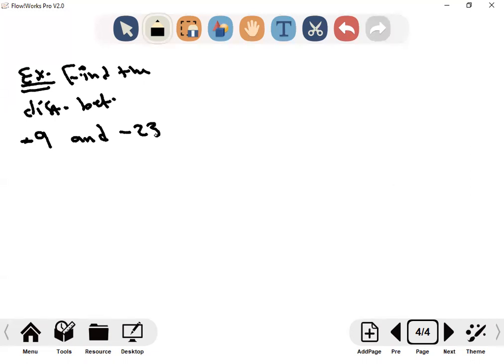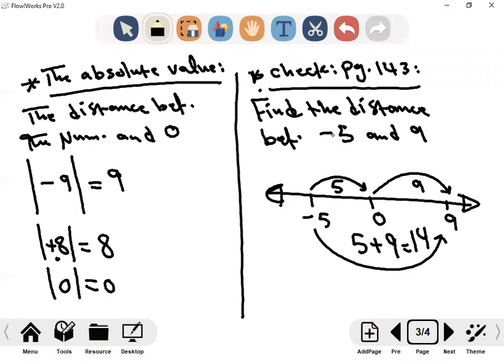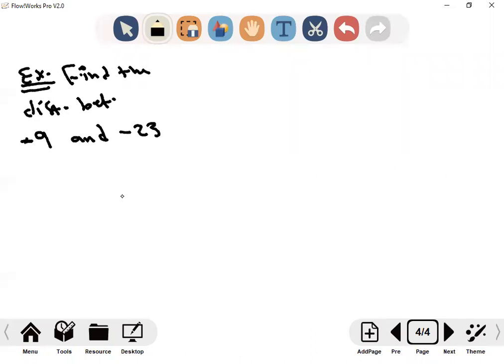But in the previous example, we had a negative and a positive, and the 0 is always between the negative and the positive, right? But in this example, both are negatives, which means the 0 is not between them.